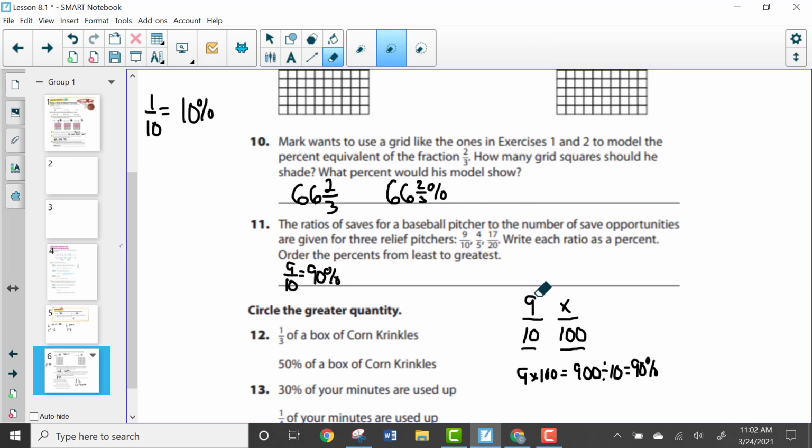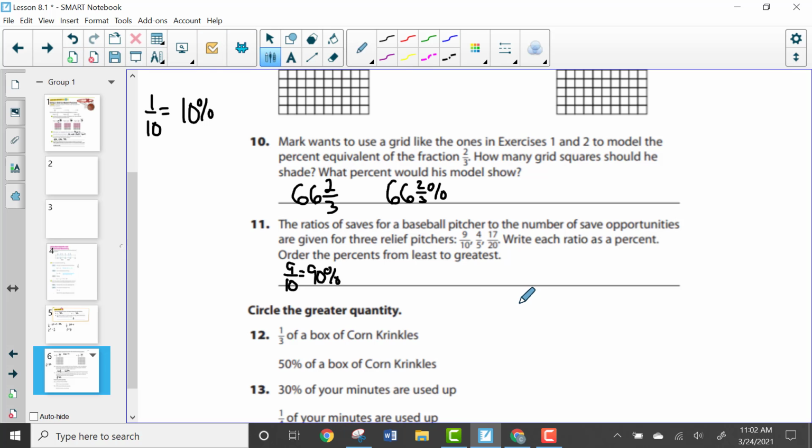So I will erase this work here, and I'll show you the 4/5. I'll show you the other way. If you remember, 1/5 equals 20%.